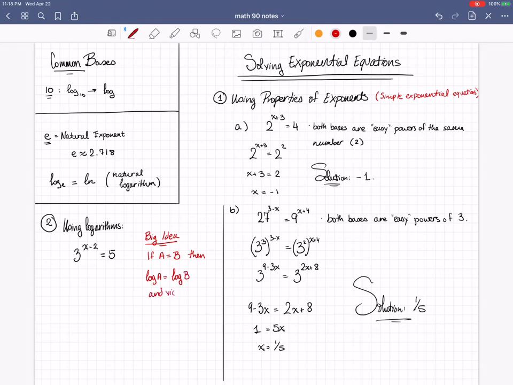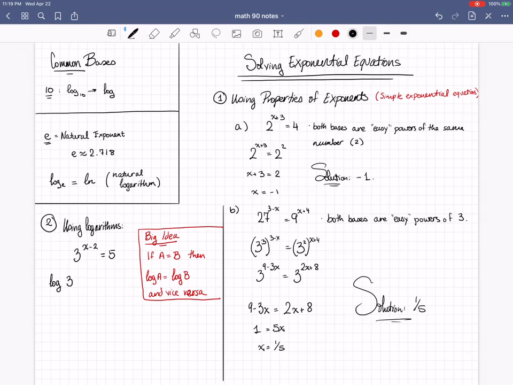So this comes straight out of the fact that logs and exponentials are both one-to-one functions. So we can be assured that if we want these two things to be equal, 3 to the power x minus 2 and 5, we know that it's the same as wanting their logs to be equal. So that's what I'm going to do to start.